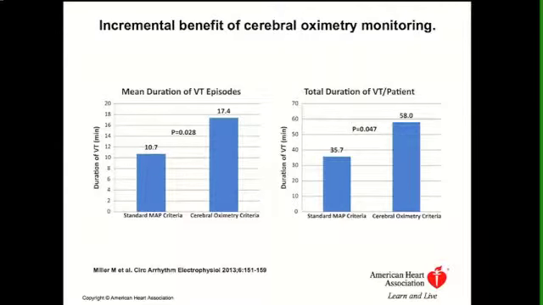One thing he has pointed out is that cerebral oximetry monitoring is really, really important. And you can see the mean duration of the ventricular tachycardia episodes. They were able to do more for longer if they had that support. And the total duration of VT was longer if they had that kind of criteria met.